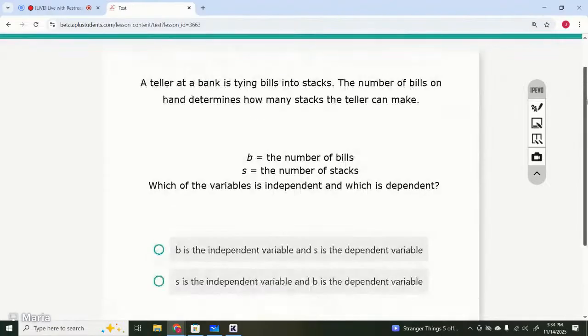Okay, let's just read. A teller at a bank is sorting bills into stacks. The number of bills on hand determines how many stacks the teller can make. So the number of bills, that means the stacks is dependent on the number of bills.